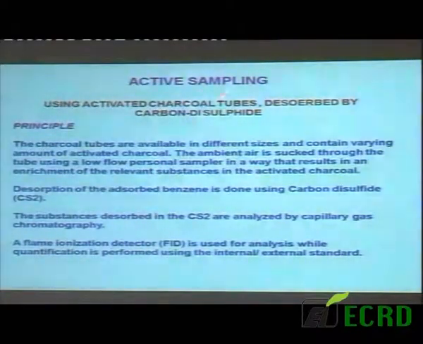Then active sampling. Active sampling is nothing but forced sampling using a low flow pump. You can use either activated charcoal tubes again, or thermal desorption tubes filled with Tenax and Chromosorb. We did a lot of exercises on these adsorbents, and we finally concluded that these two adsorbents are very suitable if they are used in series.